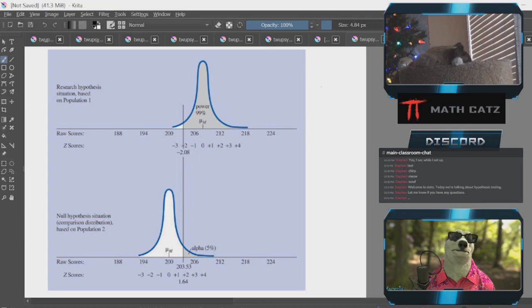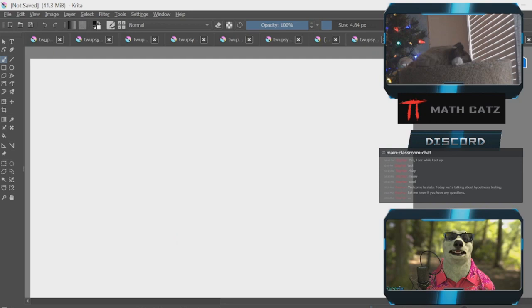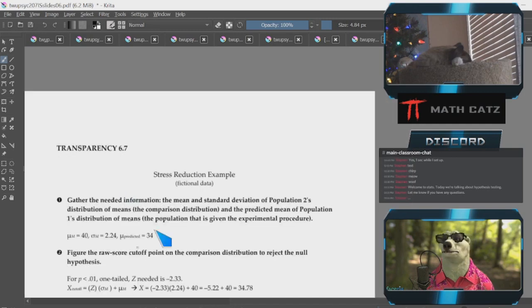Let's look at another example. Nope, I want to read the example first. There we go. I don't want to reveal too much of it, so we are in the bottom corner here. So if you remember the stress reduction example that we looked at, trying to see if whatever the treatment was reduces the stress ratings of people.